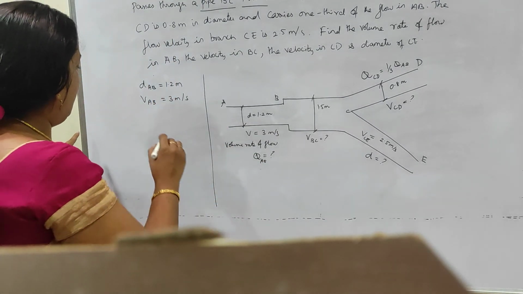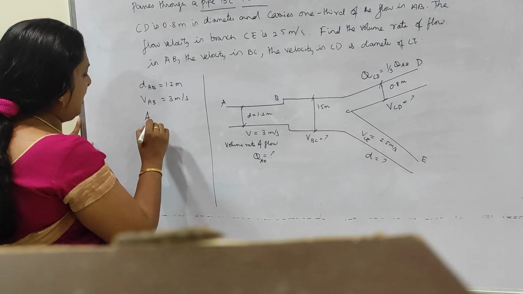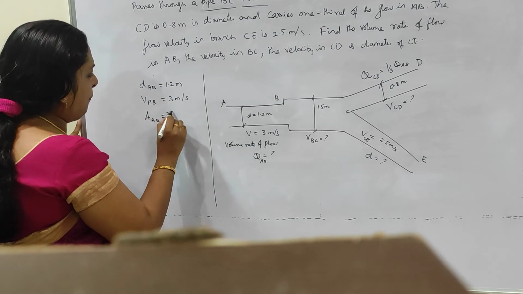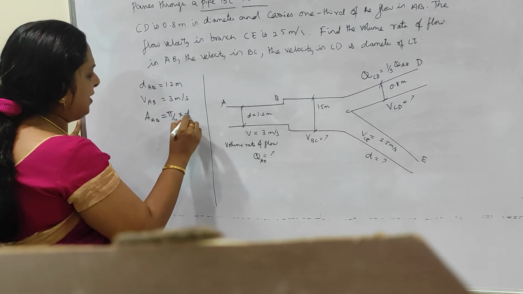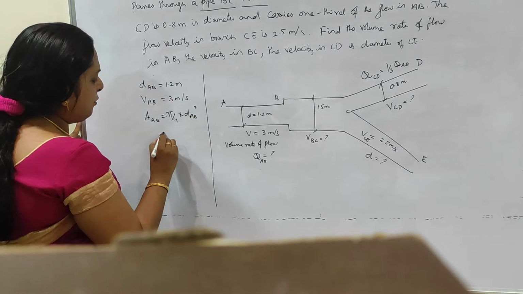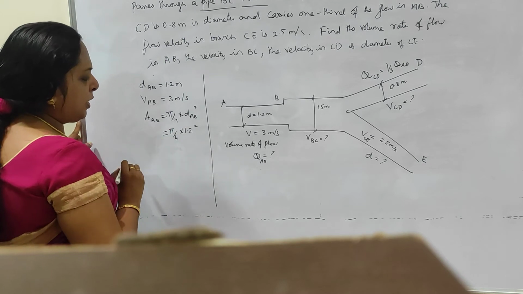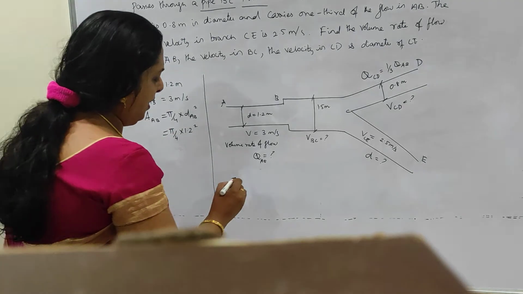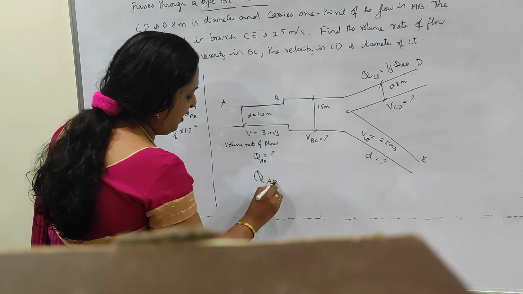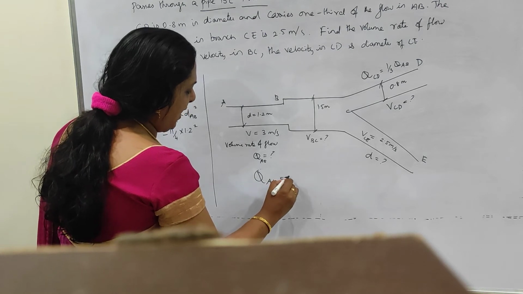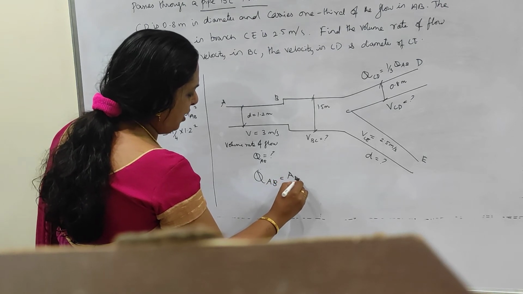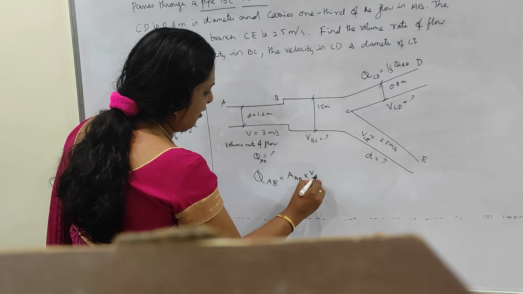So what is your area here? Area of AB will be equal to pi by 4 into DAB square. So it is pi by 4 into 1.2 square. So I know this. So what is my QAB now? As per my equation, discharge is equal to area into velocity. So area of AB into velocity of AB.